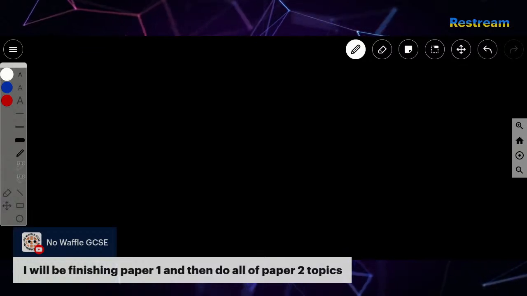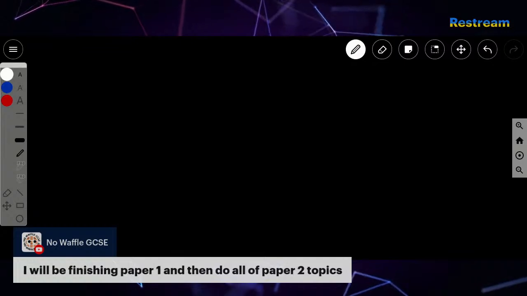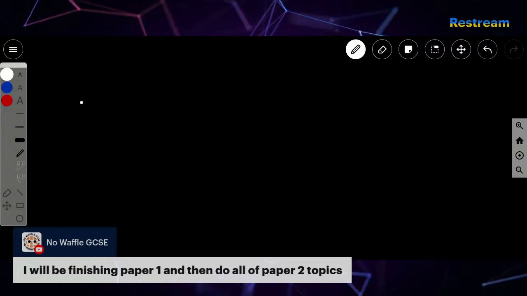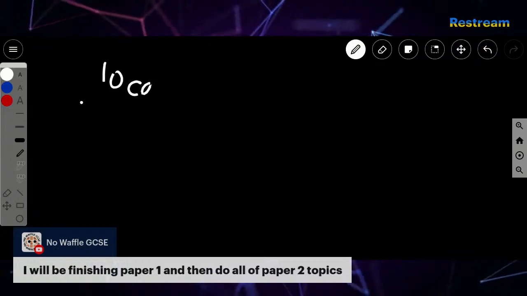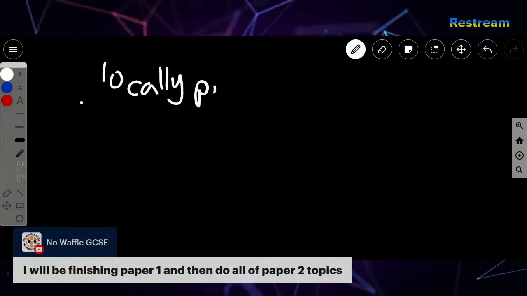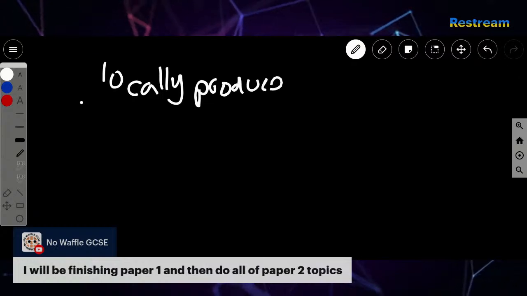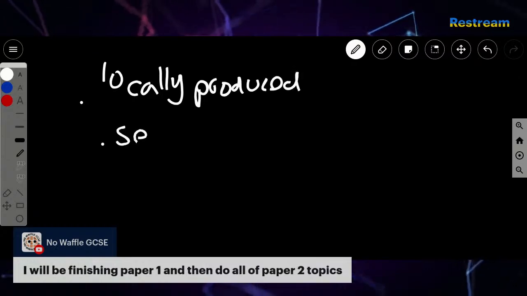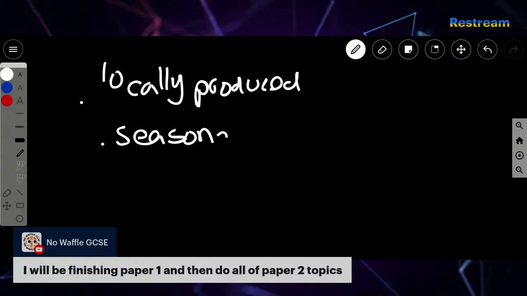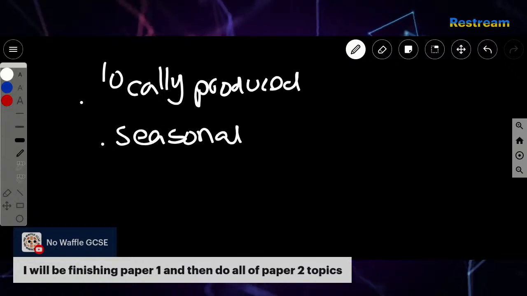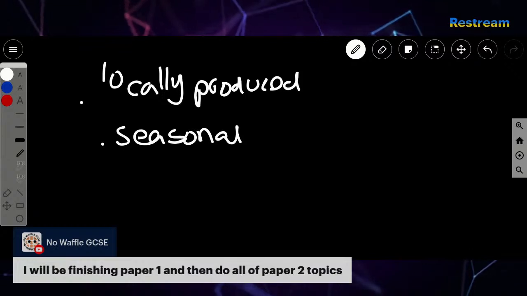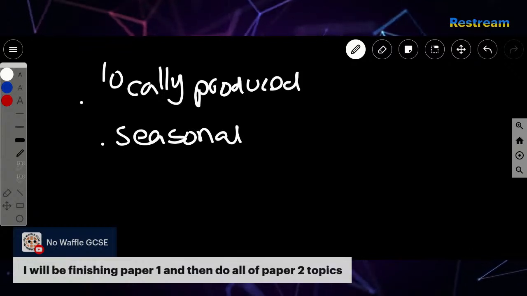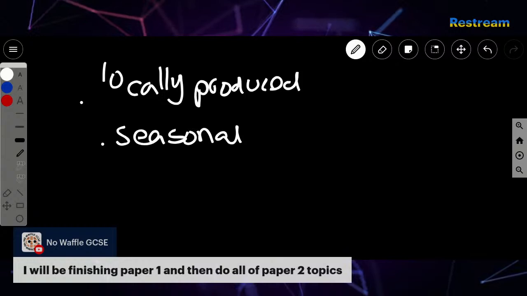Before the 1960s, most of the fruits and vegetables on sale were locally produced as well as seasonal. Locally produced means that it was grown in the UK. Now, seasonal is referring to the fact that it was created during that season.